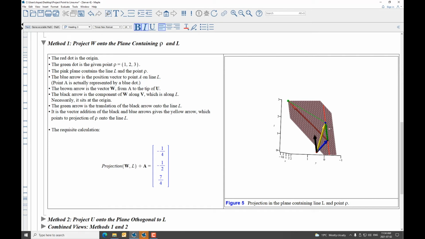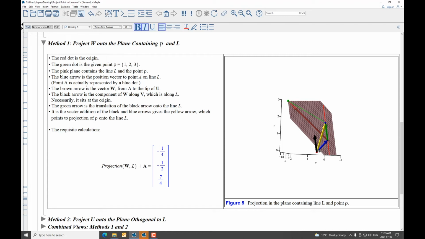When I get this component of W on the line, it comes back as a vector at the origin. It doesn't come back as a vector on the line. It comes back as a vector at the origin. And so the vector addition I have to perform is this black vector plus the blue vector. So the black vector is parallel and equivalent to the green vector, just that it's located over here at the origin.